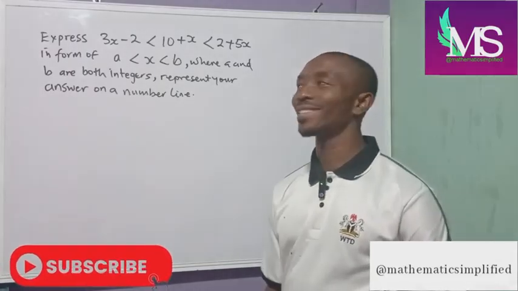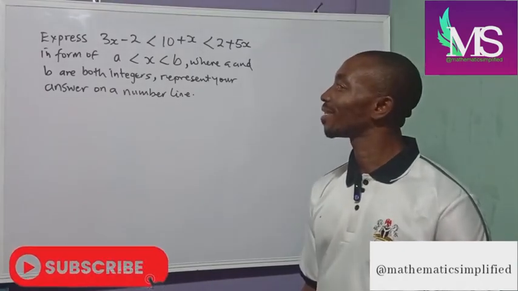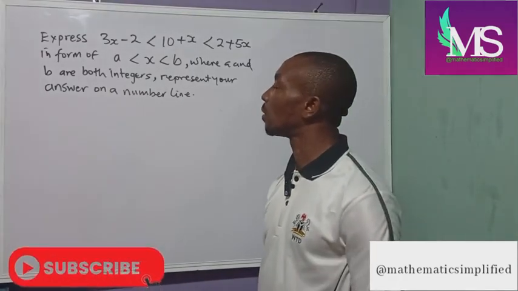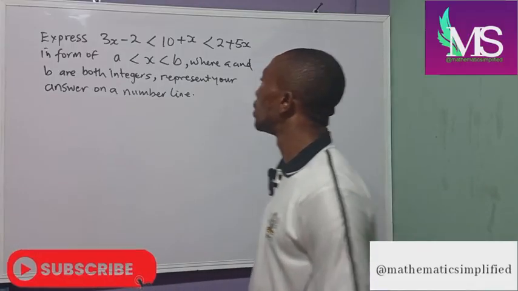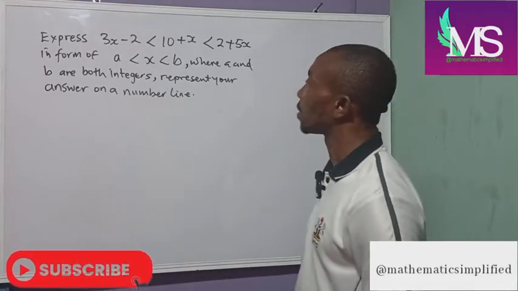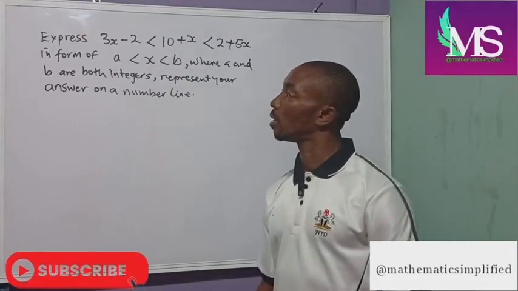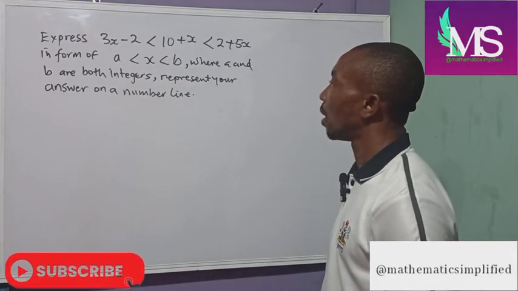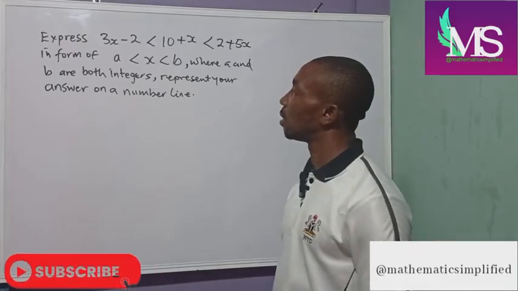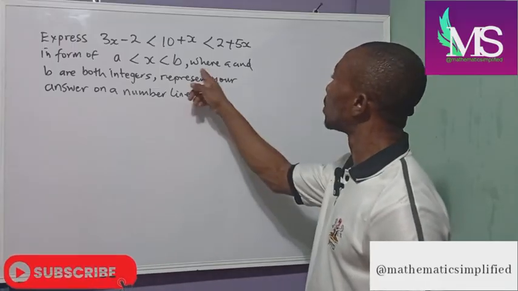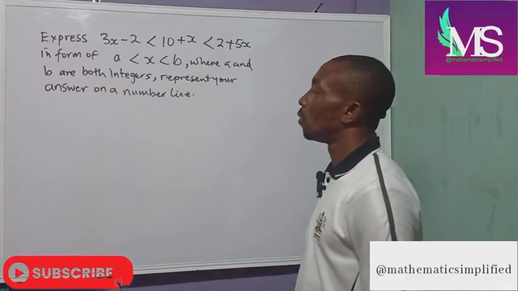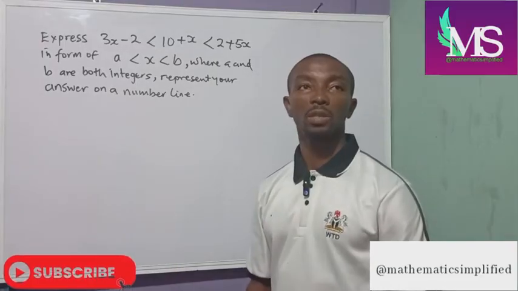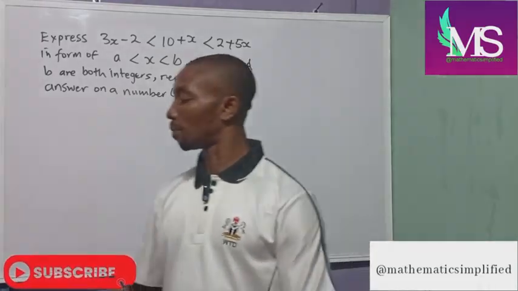Our next question says, express 3x minus 2 less than 10 plus x less than 2 plus 5x in the form of a is less than x and x is less than b, where a and b are both integers, and represent your answer on a number line.